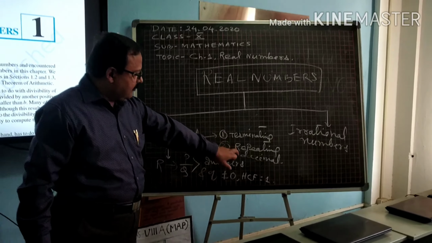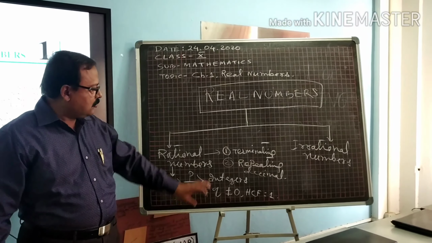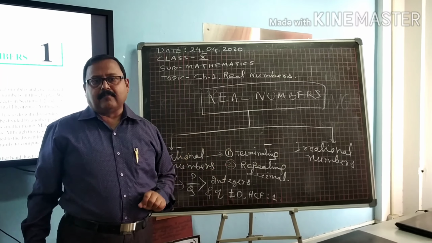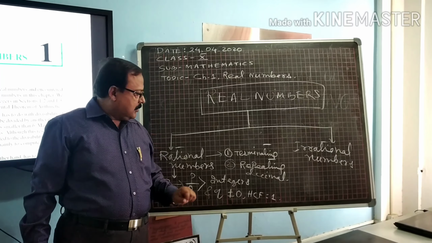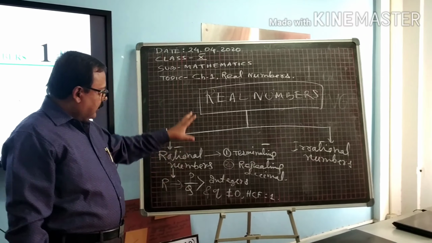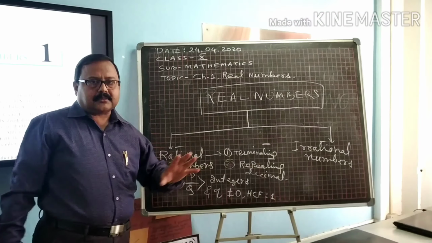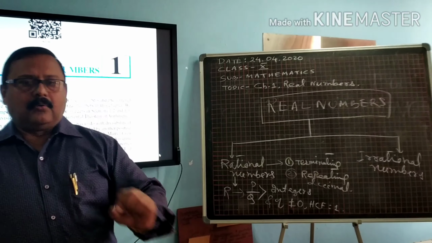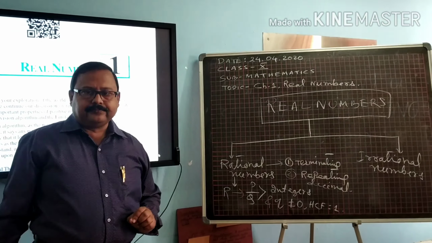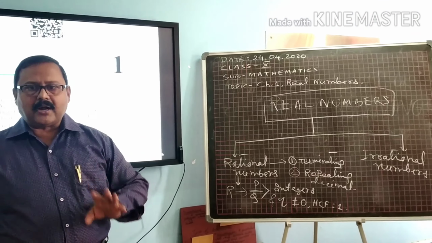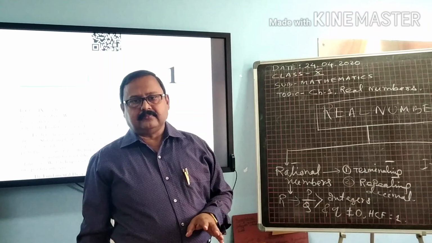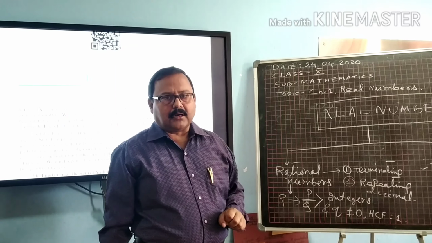Then both together we can say the rational numbers. And these rational numbers contain the natural numbers, the whole numbers, and all fractional numbers.